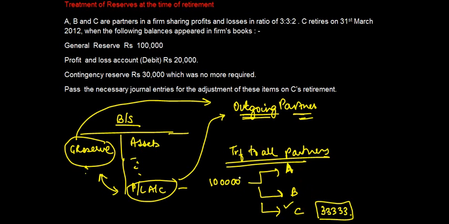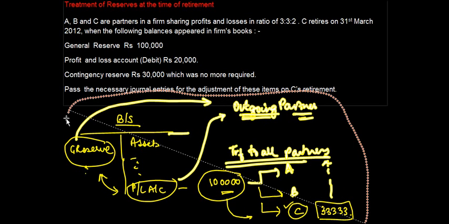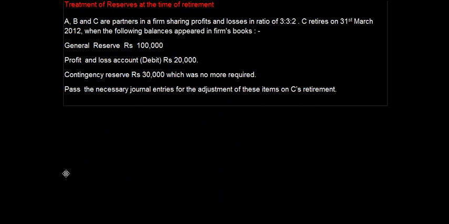There are two ways. Either you transfer 33,333 to all the partners and remove this balance altogether, or you just transfer 33,333 to C's capital account and let the others remain as it is. So this question basically shows how you have to transfer these debit or credit balances to the partner's capital account.